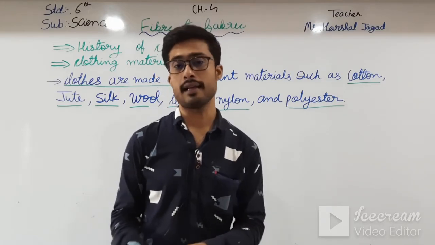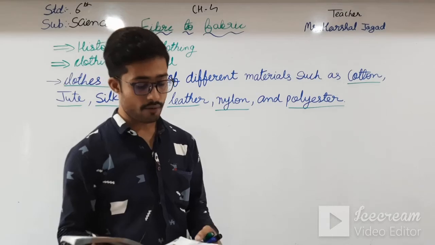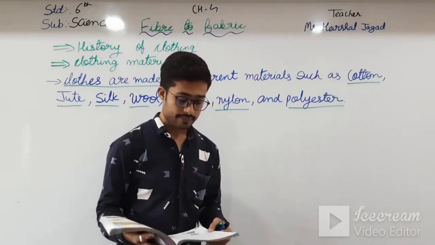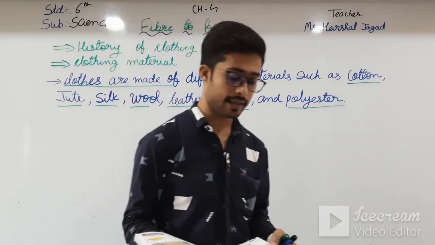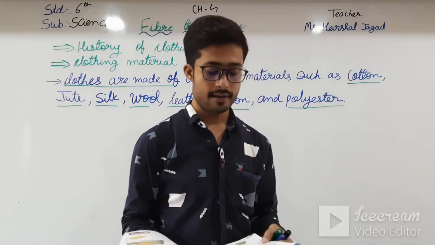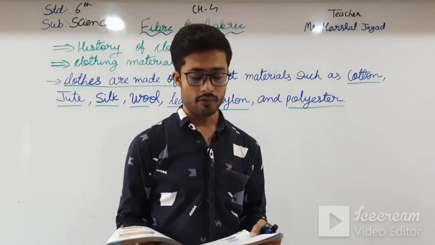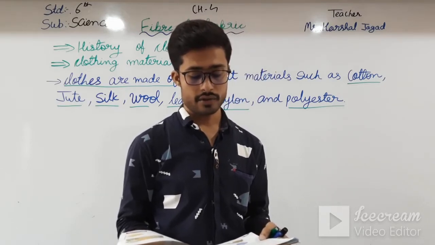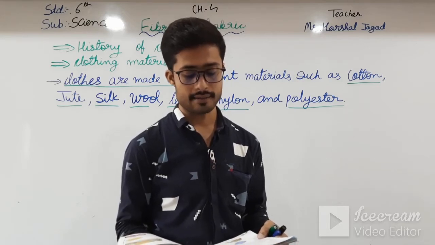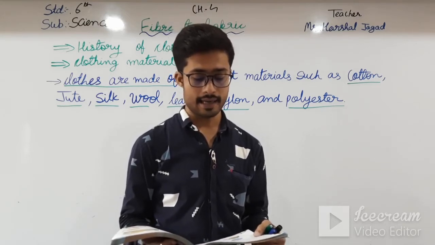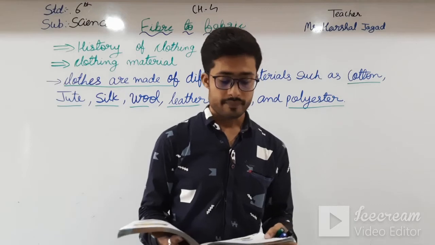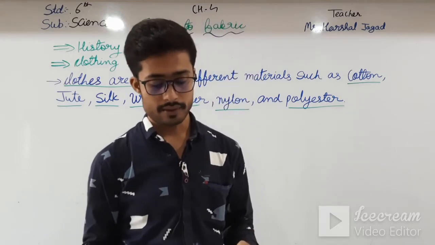Okay students, and then after there is an activity given over here. See here, to sort different types of clothing material: leather jacket, woolen sweater, cotton shirt, jute bag, silk scarf, and a hand lens. So, observe each piece of clothing carefully.